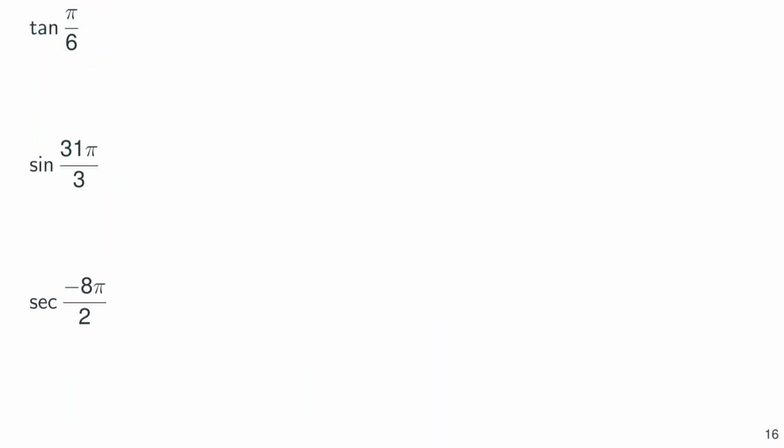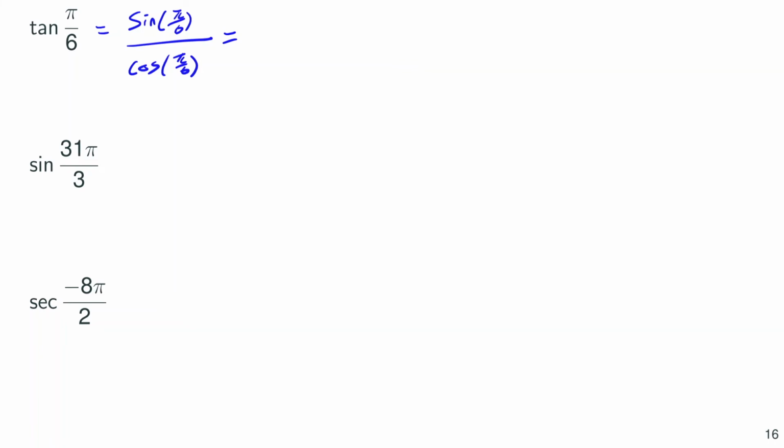Tangent pi over 6 is asking us to find the slope of the terminal ray of the angle pi over 6, which we can find by finding rise over run. But in the unit circle, rise represents vertical distance, which is the sine value, and run represents horizontal distance, which is the cosine value. So this is the equivalent of finding sine of pi over 6 divided by cosine of pi over 6.